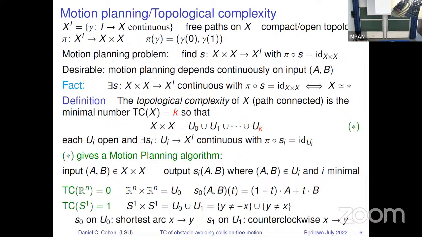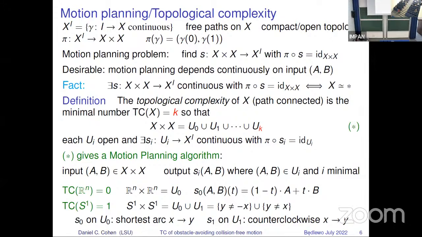Here you can cover the circle with, on the one hand, pairs of points that are not antipodal, on the other hand, pairs of points that are distinct. If the points are not antipodal, there's a unique shortest geodesic path. You can take that one. That's how you plan the motion on, I guess, U_0.